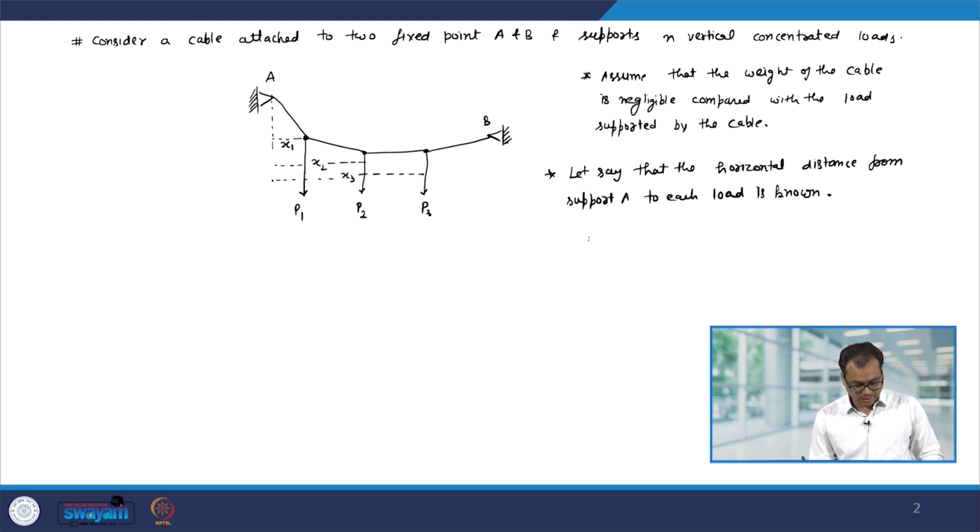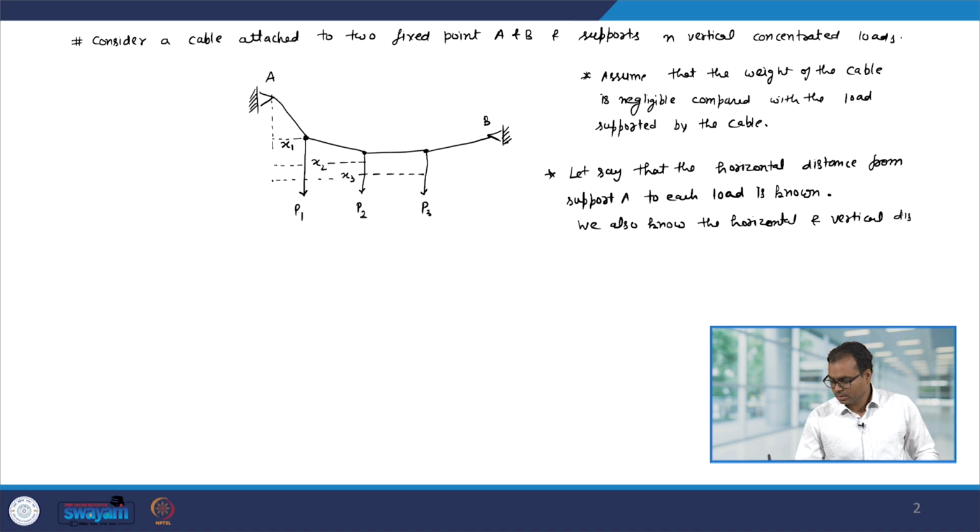And let us also say that we also know the horizontal and vertical distance between the supports. So, what are supports here? Supports are A and B, and let us say we know where they are located.